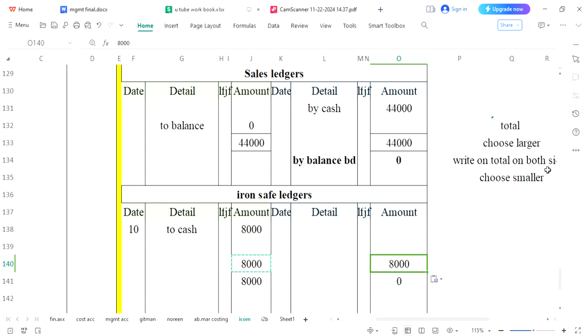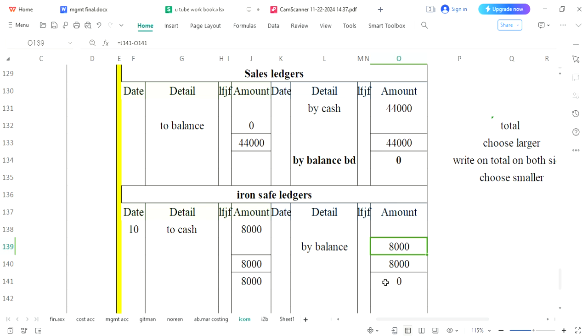So both side total, choose smaller side. This is 0. So smaller side is credit. Here you will write by balance, and how you will calculate this balance? By subtracting smaller sum from the larger sum. Larger sum was 8,000. Subtract smaller sum, which is 0. So we have got our balance. Now next step is to bring it down.